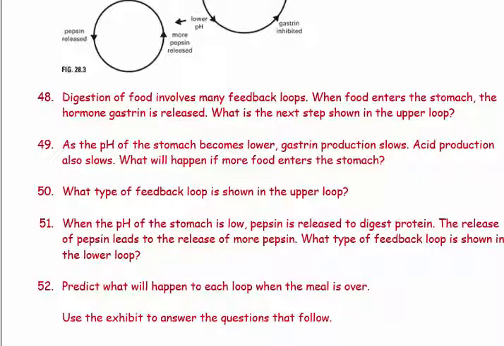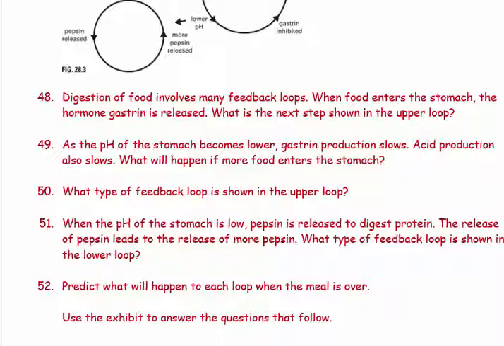Now we go to number 52. In number 52, they ask you to predict what will happen to each loop when the meal is over. Of course, when the meal is over, each of these loops is going to end, because at this point the gastrin production will stop and the pH will be restored to its set point, because this was a negative feedback loop.